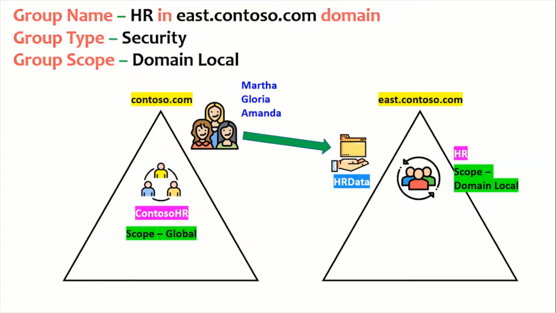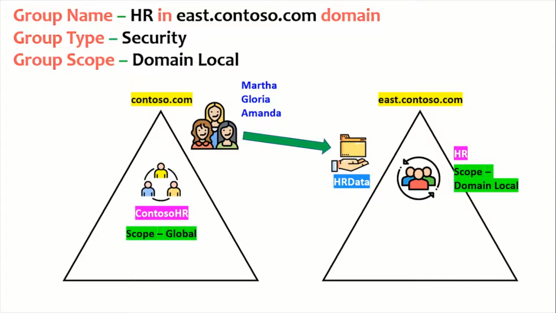The type would be security, but this time the scope would be domain local. So now we have two groups: Contoso HR with global scope in contoso.com, whose members are Martha, Gloria and Amanda, and one more group, HR, with domain local scope and type security in east.contoso.com.